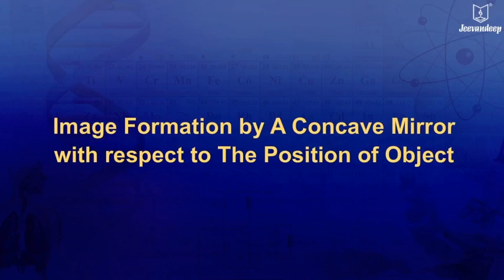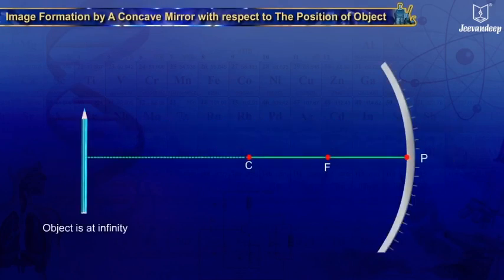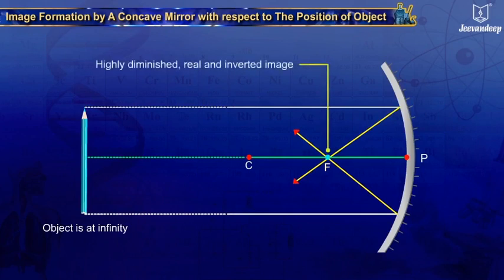Image formation by a concave mirror with respect to the position of object. When the object is at infinity, the image is formed at the focus F. The image is highly diminished, real and inverted.